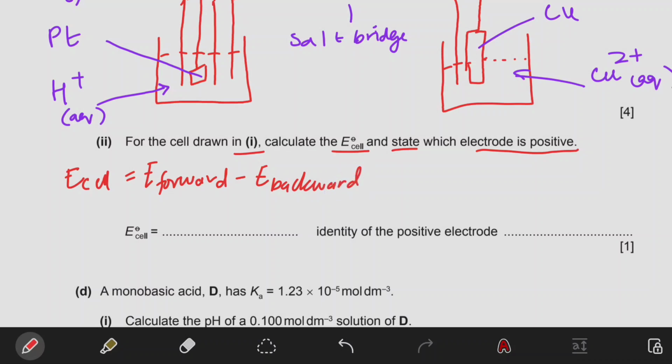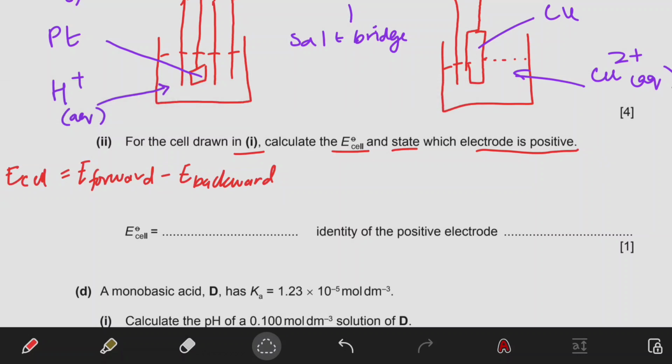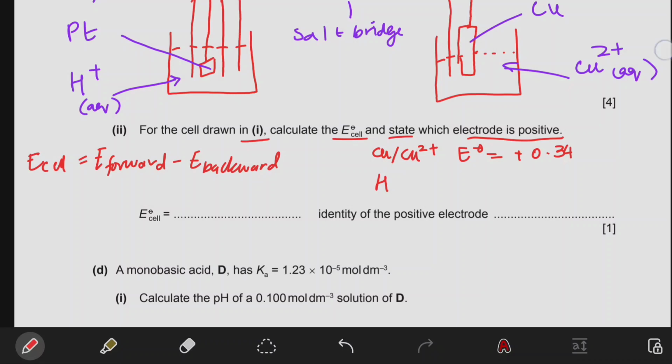Now if you see from your data booklet, for copper's equation, the electrode potential is positive 0.34, right? And we know for hydrogen it is just 0. So that would simply give us 0.34.